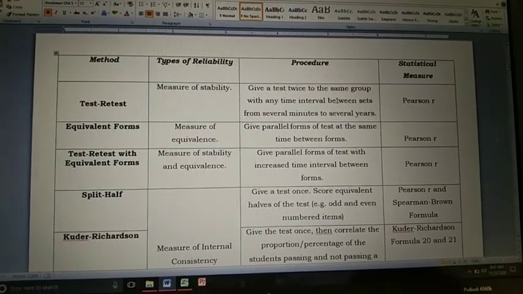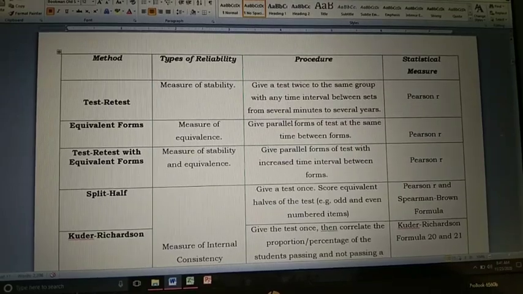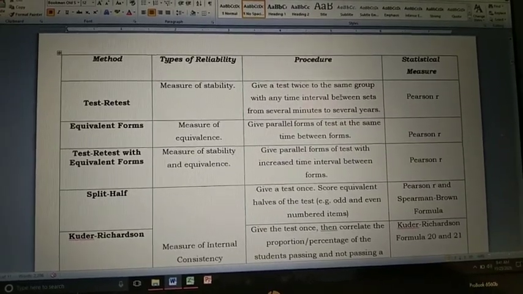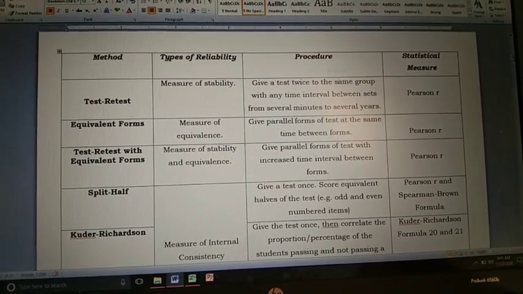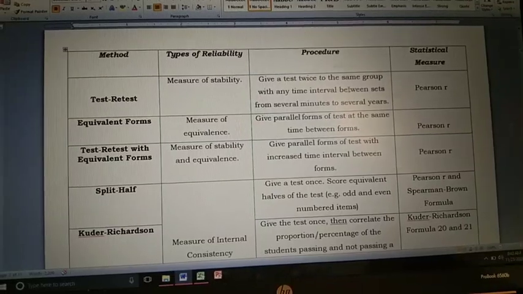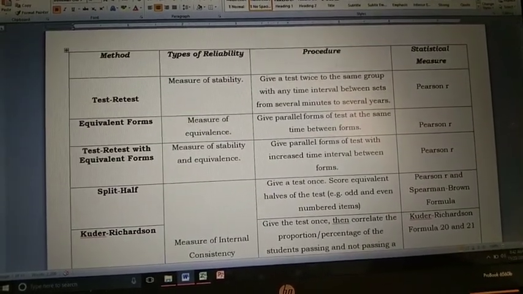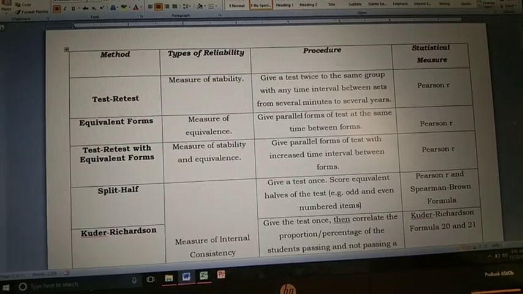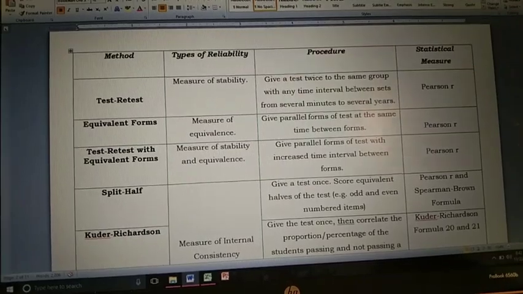The procedure is to give a test twice to the same group with any interval between sets, from several minutes to several years. You are going to use the statistical measure called Pearson r in the test-retest method.